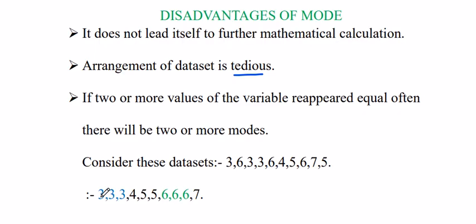After arranging it in ascending order, we have 3, 3, 3, it occurs 3 times, then 6, 6, 6, it occurs 3 times. These are the two modal values. In a situation where we have two modal values in the data set, it is known as bimodal.